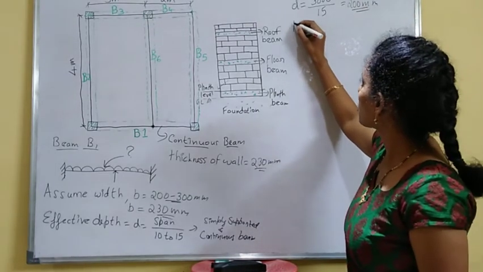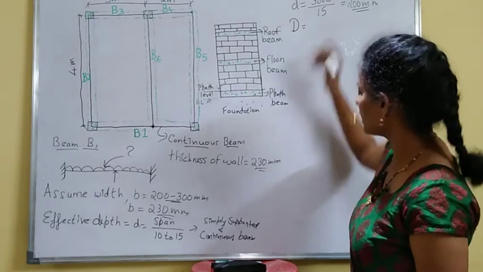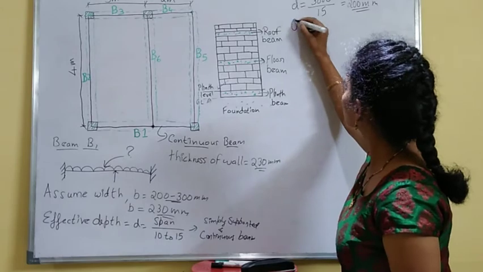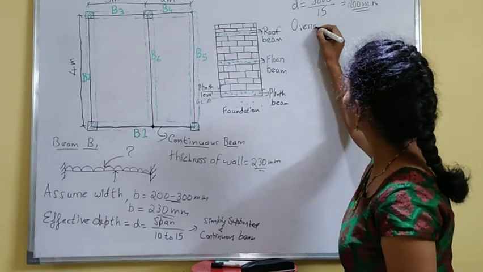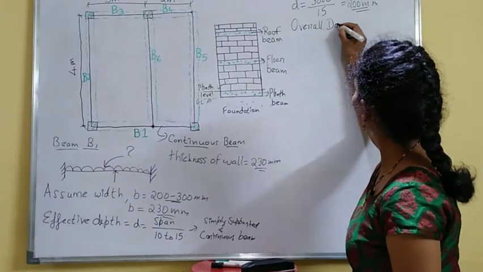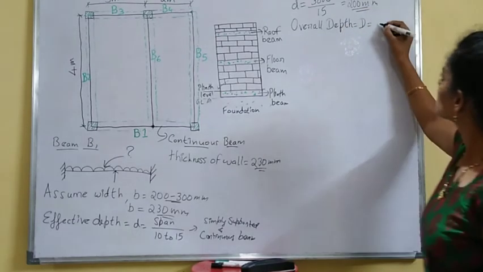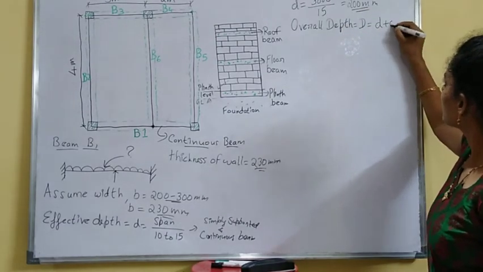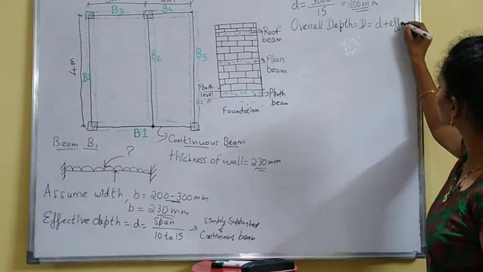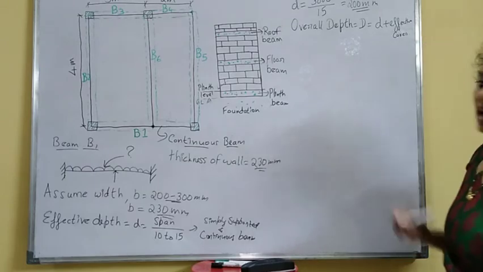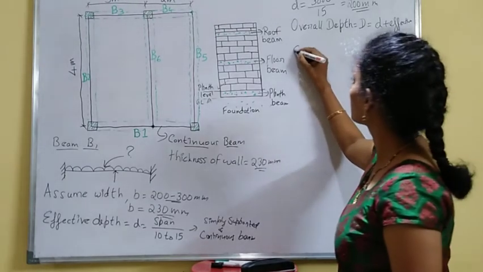So overall depth D is nothing but small d plus effective cover.